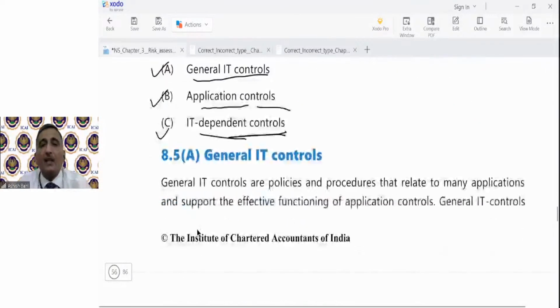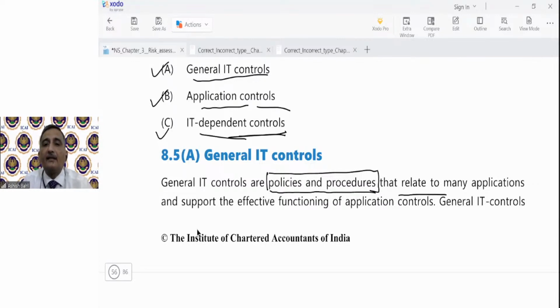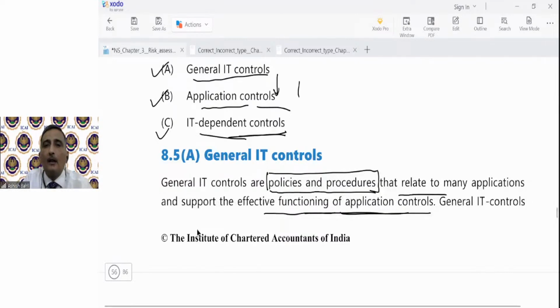General IT controls are policies and procedures that relate to many applications and support the effective functioning of application controls. So these are applicable to different applications, and these in fact support application controls.